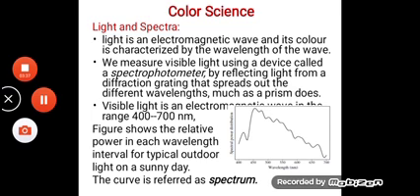Before we go ahead with the description of color science, we must know how we see, how we visualize things. Whenever we see through a sensor of our body, which is the human eye, the presence of light is very, very important.